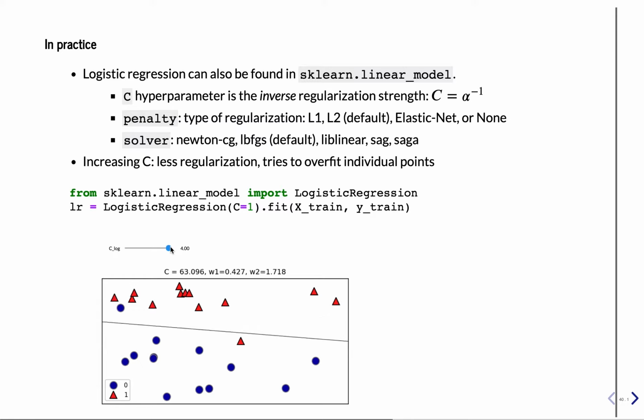And so in the extreme, it will do something like this, just to get this blue point on the right side of the boundary, right? Now, generally speaking, this is not such a good idea because this may be a noise point, so you're probably modeling noise now, and your model may generalize worse on unseen data.